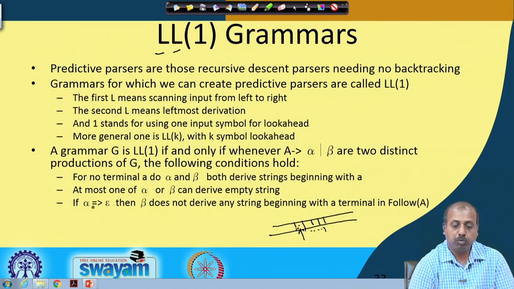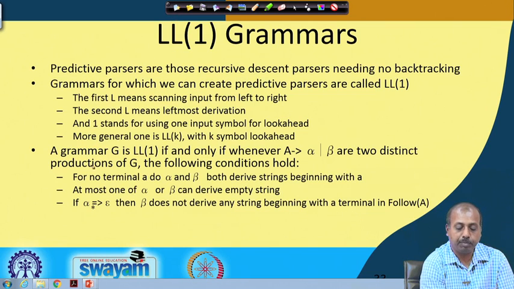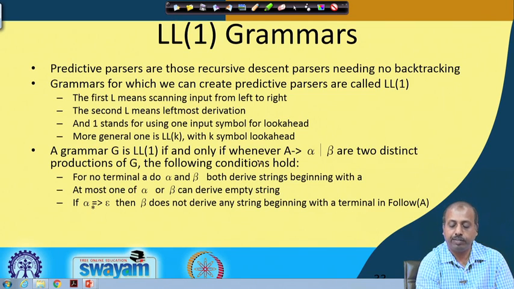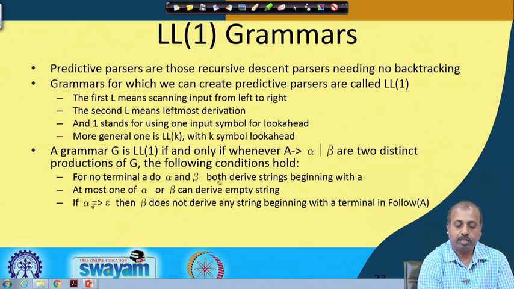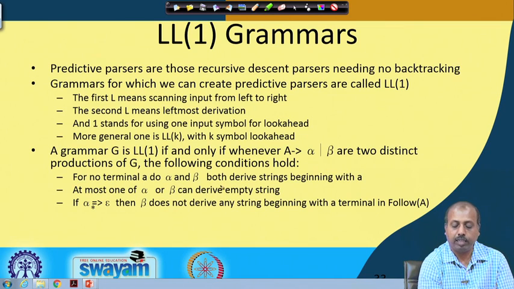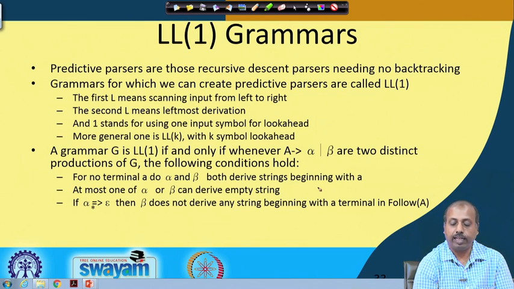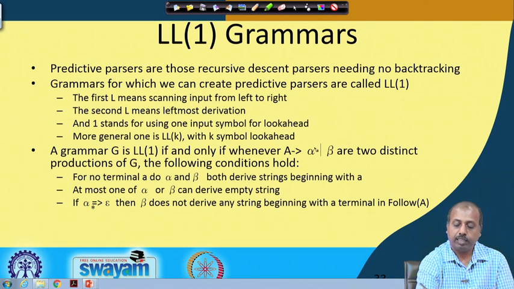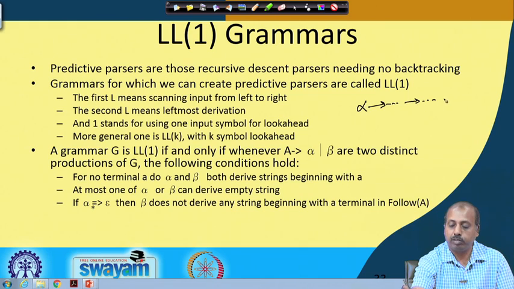There is a rule which says that a grammar G is LL1 if and only if whenever A producing alpha or beta are two distinct productions of G, the following conditions hold. For no terminal a do alpha and beta both derive strings beginning with a. If you think about the strings derivable from alpha, where alpha is a string of terminals and non-terminals, suppose it starts with a symbol a.